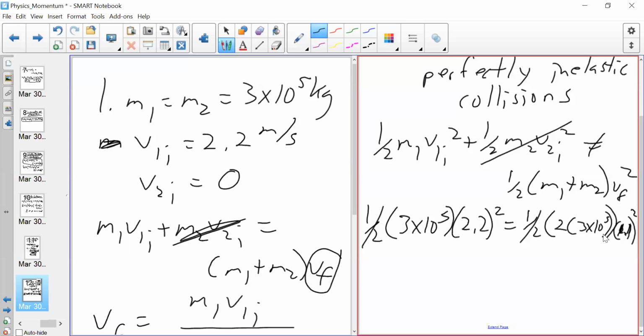On the left-hand side, 1.4 times 10 to the 6 joules. And then, actually, we could have just canceled out 3 times 10 to the 5th as well, but anyway.